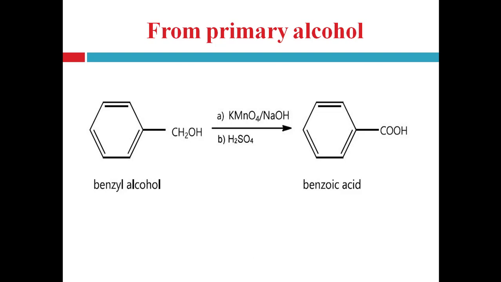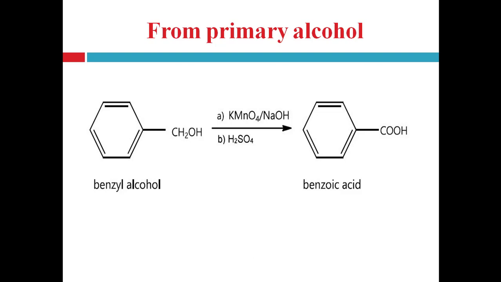With the help of a strong oxidizing agent, we get the carboxylic acid from the primary alcohol without getting the aldehyde as intermediate. One example is given here: benzyl alcohol, a benzene ring having a CH2 group, which is known as benzyl.